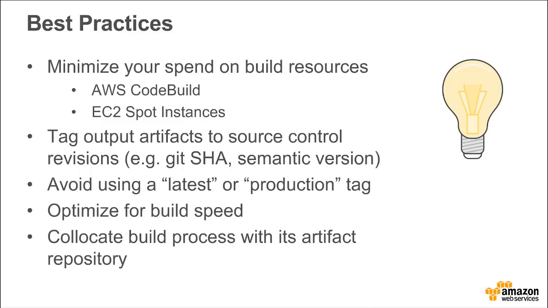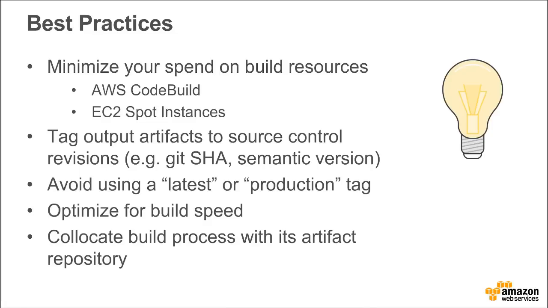Next, we've seen, with Docker, when you build an image, and what we saw in our last slide, the default tag is going to be this latest tag. We always recommend to customers to tag artifacts to some sort of source control revision. Maybe that's the first 8 characters of your Git SHA, if you're using Git as a source control system.